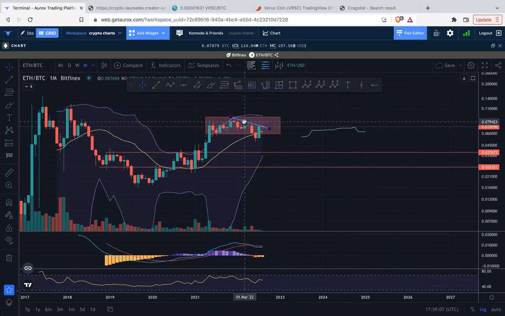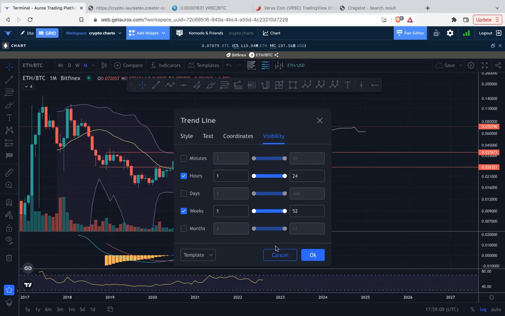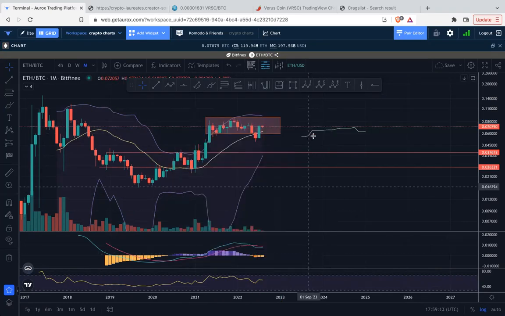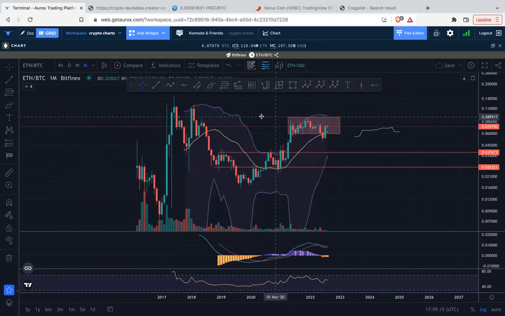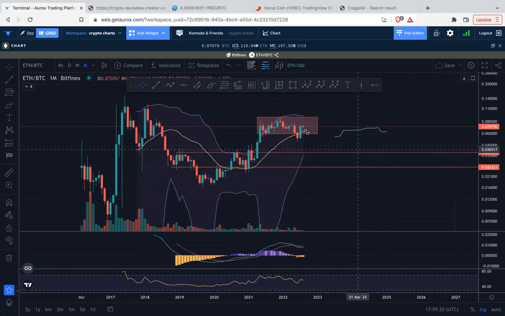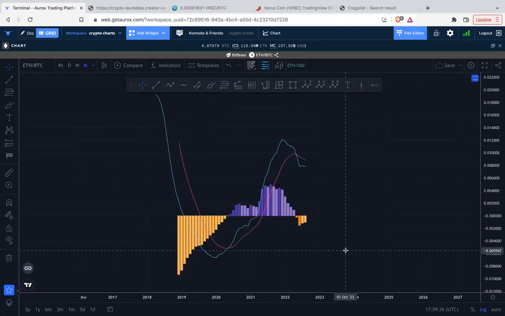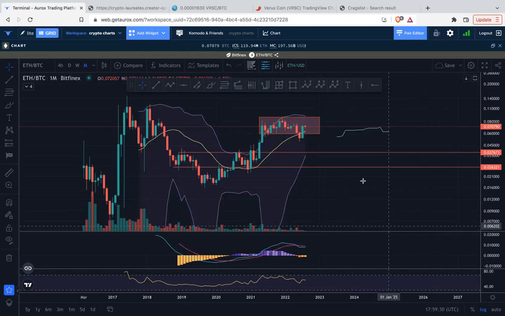So let's get this off the monthly. And recognize that, okay, we're still making lower highs, but there's a chance to consolidate here sideways and push higher on the monthly. Momentum wise, it could round out into some positive momentum.